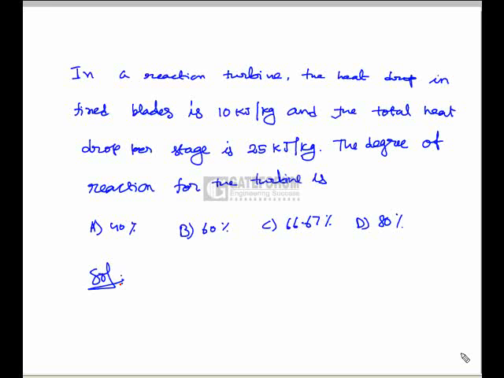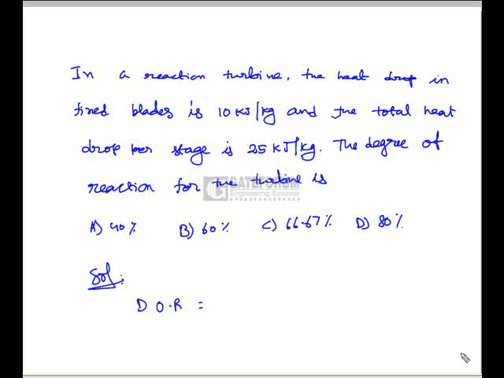In a reaction turbine, the heat drop in fixed blades is 10 kJ per kg and the total heat drop per stage is 25 kJ per kg. The degree of reaction for the turbine is: the options are 40%, 60%, 66.67% and 80%. So here we have to find the degree of reaction for the turbine. The degree of reaction is given by the ratio of the difference between the total heat drop per stage and the heat drop in fixed blades, to the total heat drop per stage.